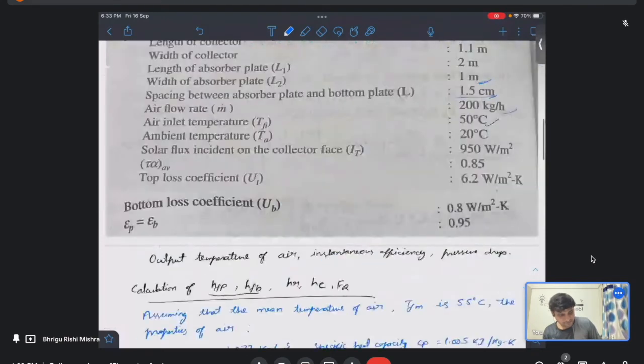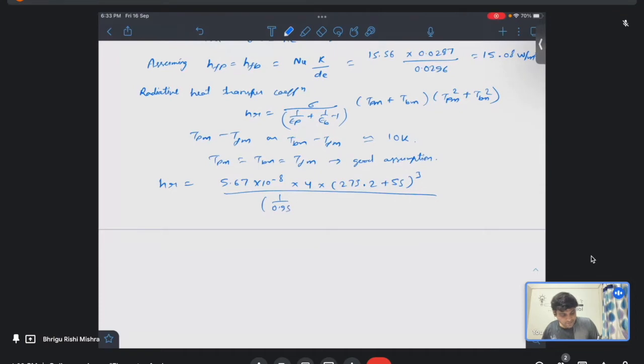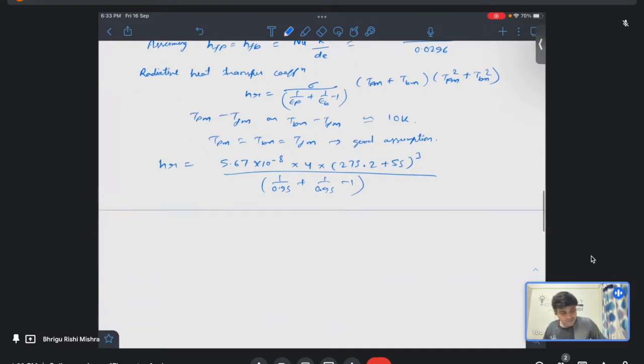Both have the same emissivity, 0.95, so it is 1 by 0.95 plus 1 by 0.95 minus 1. If you solve this, you'll get 7.24 watt per meter square per Kelvin.